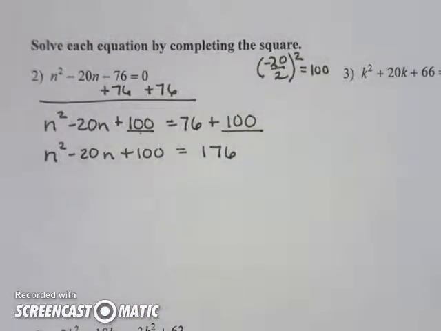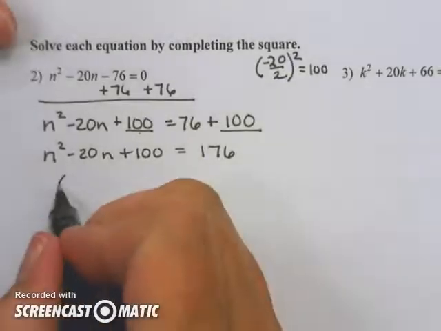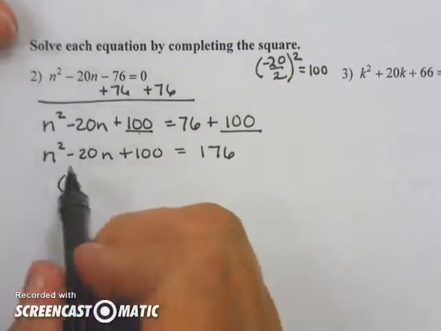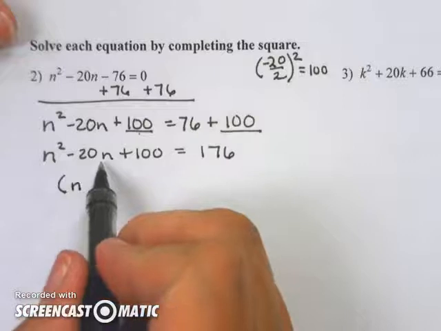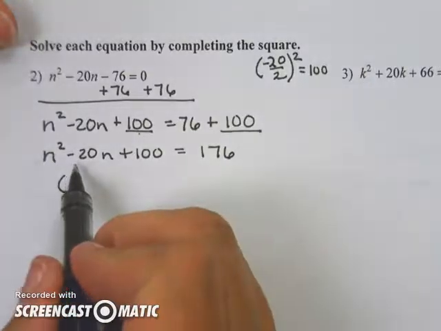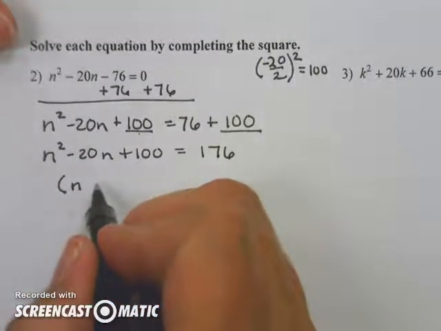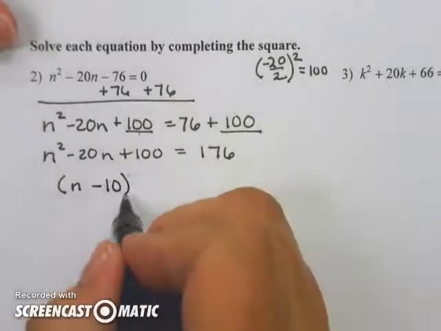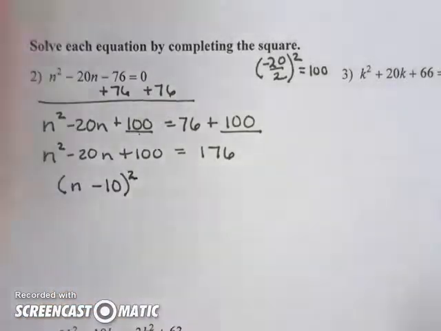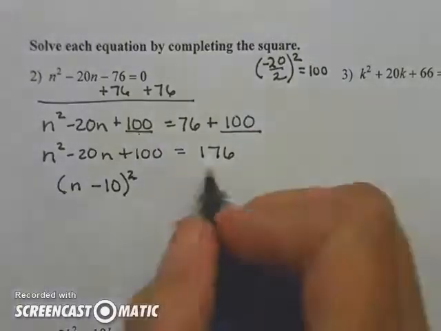The left side now needs to be factored. Since I completed the square, I know that my factoring will be n, and then whatever half the middle term was, negative 10, squared. It will always factor that way.